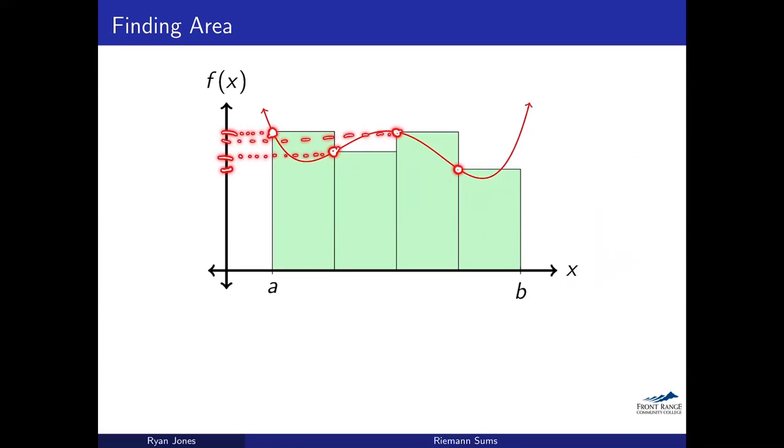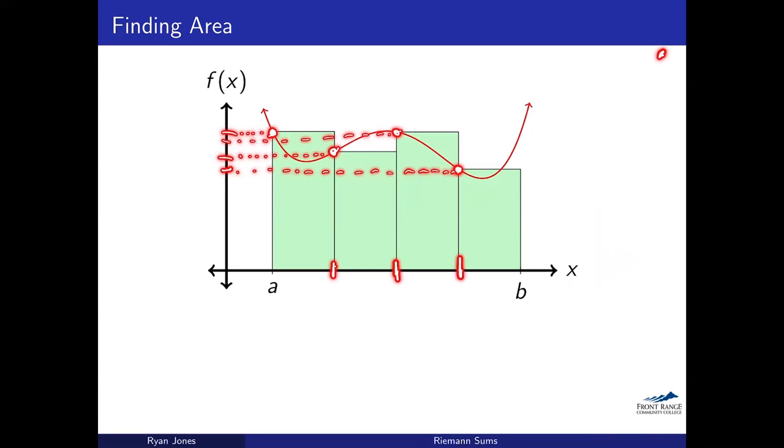And so, as we saw before, in order to find the height and width of these rectangles, we actually have to know the values of each of these points, which means we need to know each of these points as well.